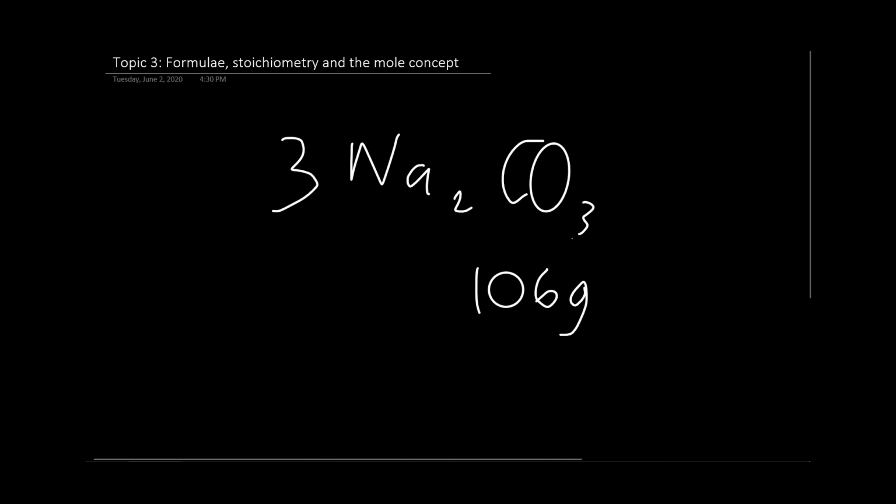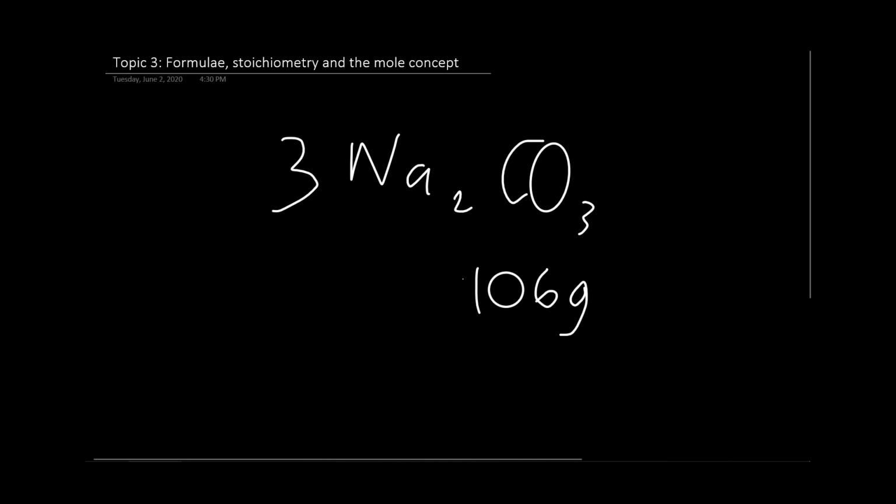I'm repeating that again: the amount of sodium carbonate compound that will have a mass equivalent to its relative formula mass is known as 1 mole of sodium carbonate. You'll just put relative formula mass in place of relative atomic mass. So the amount of sodium carbonate that will have a mass equivalent to its relative formula mass, aka 106 grams, is known as 1 mole of sodium carbonate. So here we have 3 moles of sodium carbonate.